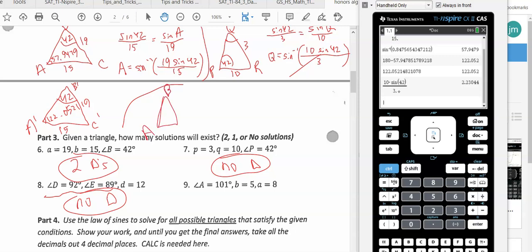So triangle ABC. So we get, set it up because that is side, side, angle. So sine equals sine, solve that.